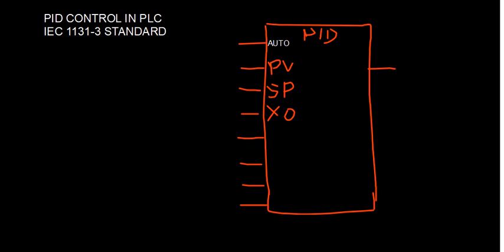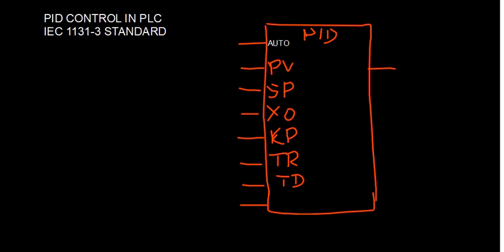In fact, I should have written TD here. TD. Then comes the cycle here, and this is X out, real.